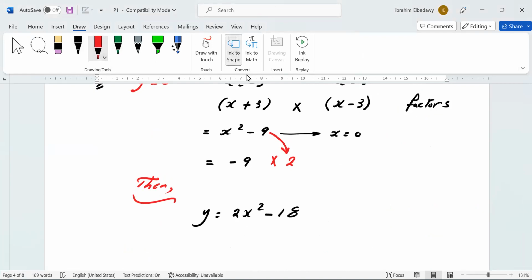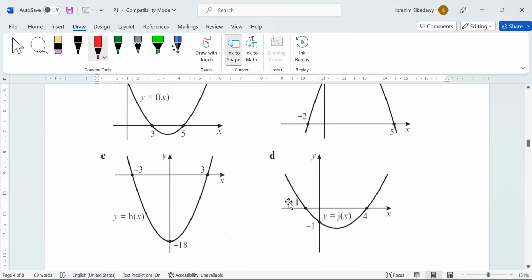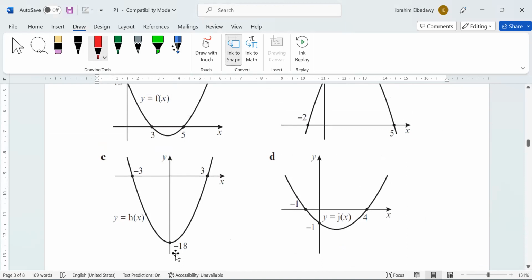And this is your final answer. How can you check? Actually, the coefficient of x squared is positive, which should be a smile face. This is point number 1. Point number 2, if you put x equal to 0, you get y equal to negative 18. If you check your diagram again for the last time, you have already negative 18 for the y-intercept and the smile face, as we said.